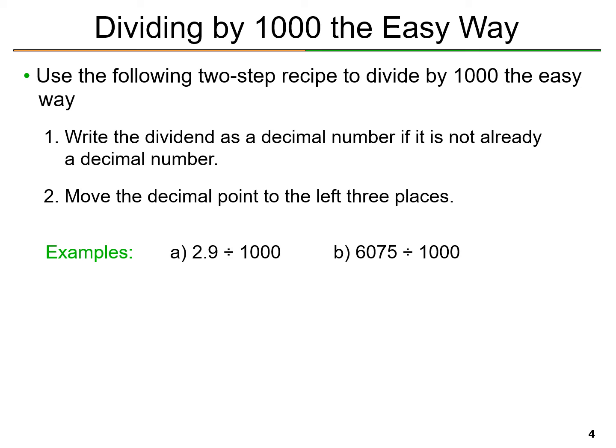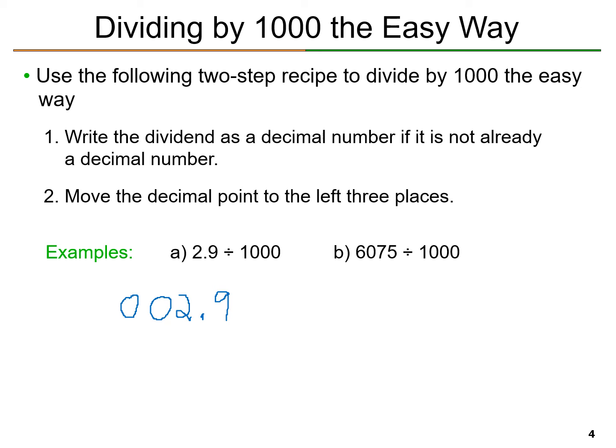Okay, in the first example, 2.9 divided by 1,000. 2.9, which is the dividend, is already a decimal number, so we write it down exactly as we see it, 2.9. Now, in step 2, move the decimal point to the left 3 places. Well, we only have one place to the left of the decimal point. So I need to add 2 more digits. So I'm simply going to add 2 zeros. And now we see that we have 3 digits to the left of the decimal point.